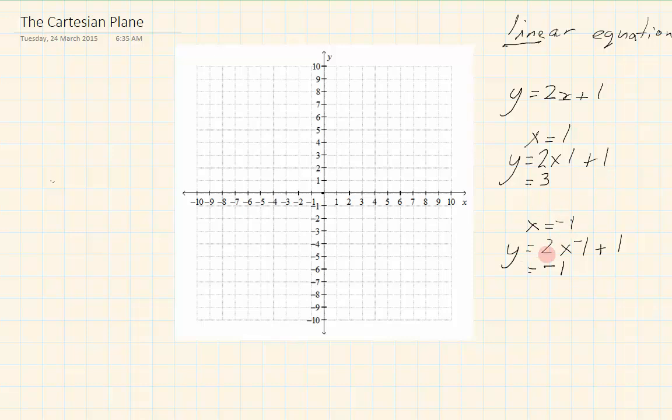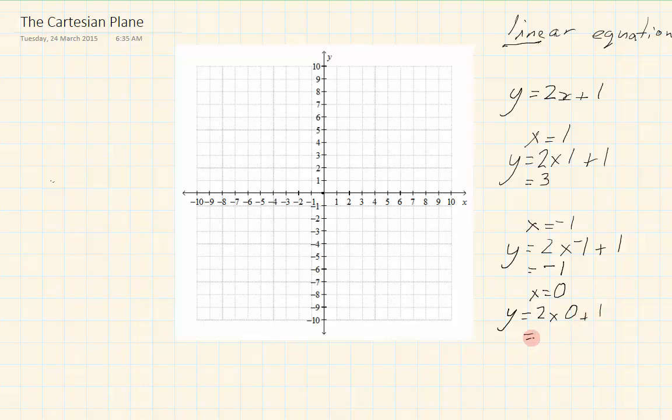Okay, now given two coordinates, we can draw a line now on our Cartesian plane. We can work out more values though if we wanted to, and quite often I work out what the value of y is when x is 0. I find that very handy, so I'll just do that as well. So y, now we're plugging in x is equal to 0, so it would be 2 times 0, which is 0 of course, plus 1.